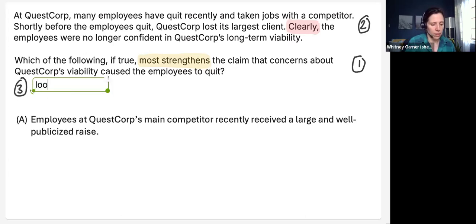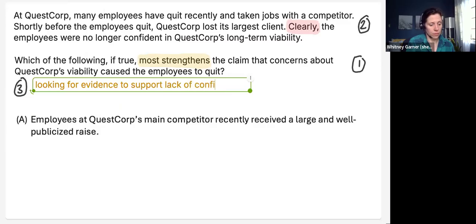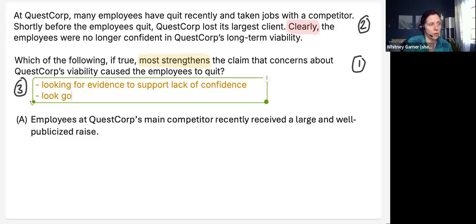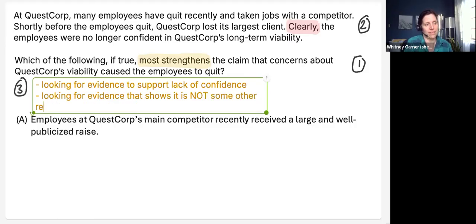I am looking for evidence to support lack of confidence. That's one way to think about it. But if I want to blame this on lack of confidence, I also want to look for evidence that shows it is not some other reason.